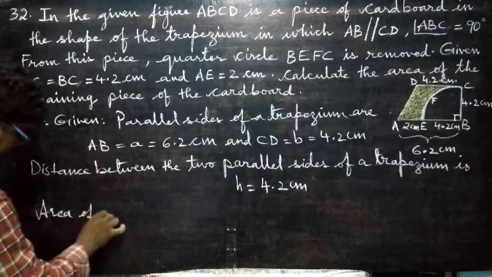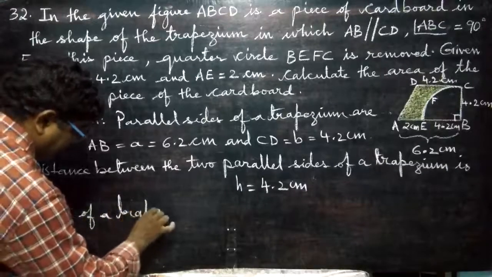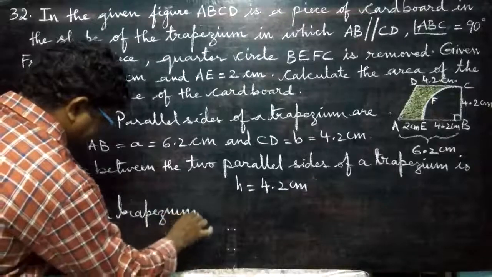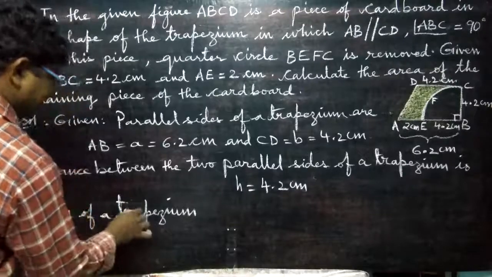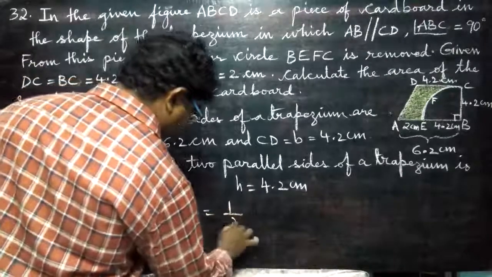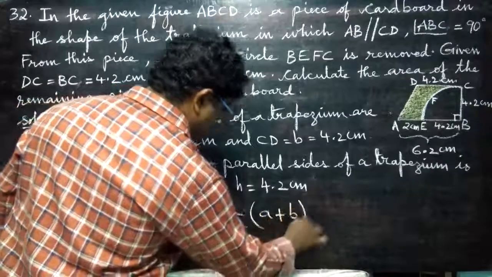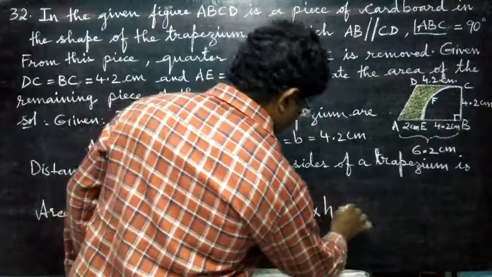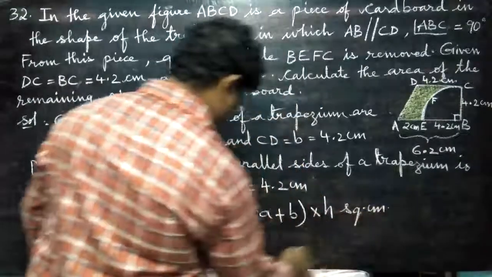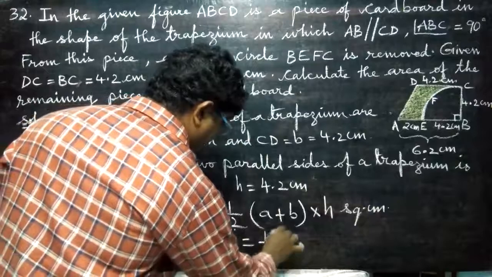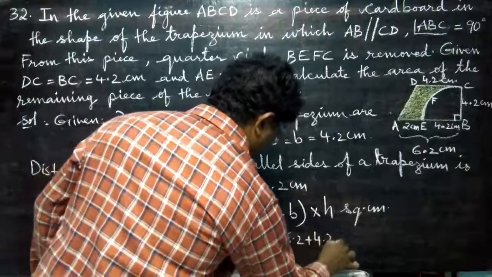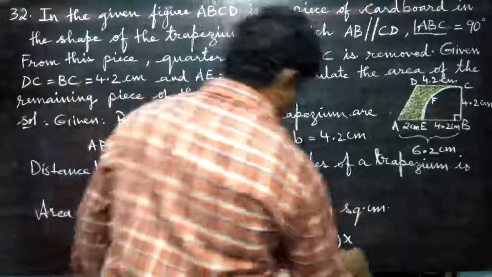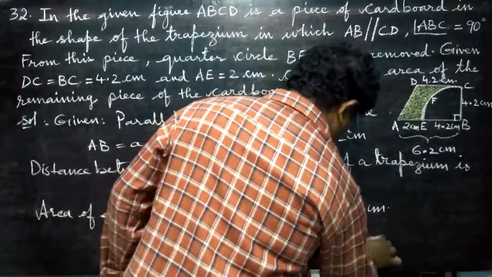Now, area of a trapezium. What is the formula? Area of a trapezium is equal to half into (a plus b) into h square centimeters, that is equal to half, a is 6.2 plus 4.2 into again h 4.2 centimeter square.